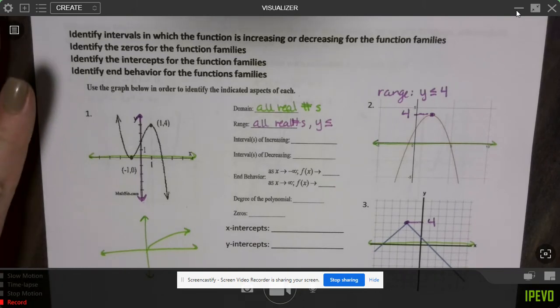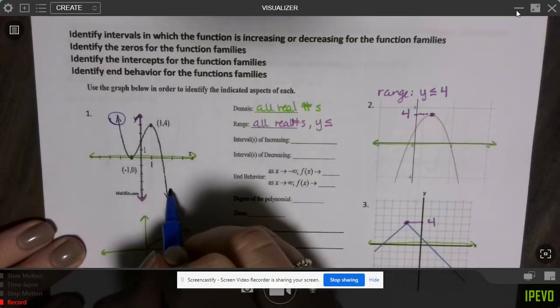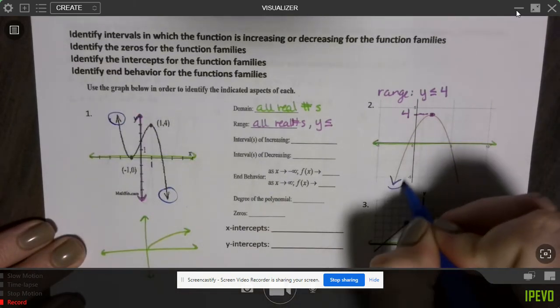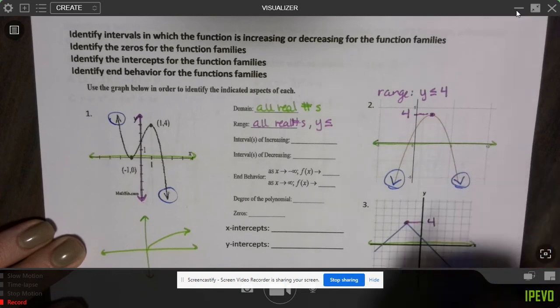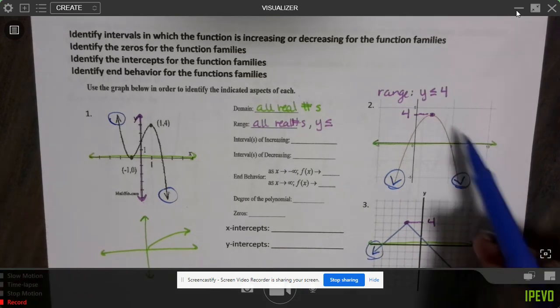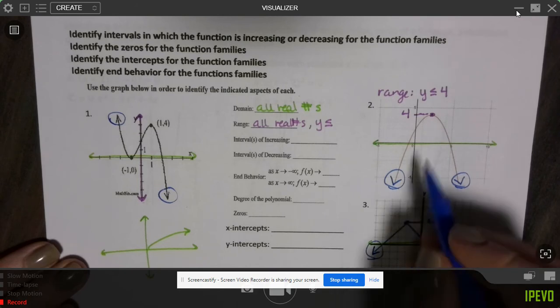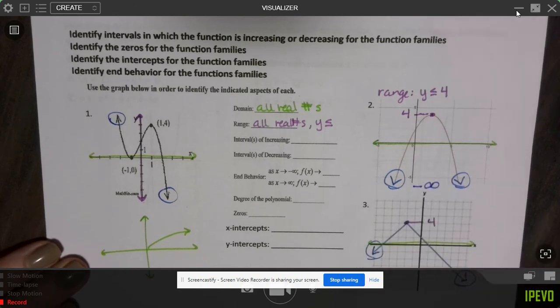End behavior is talking about the ends of the graph, what's happening as your graph disappears off the page, right? What's happening as it's going off the paper. Well, these two are going to have the same end behavior. Notice they're both pointing down towards negative infinity.